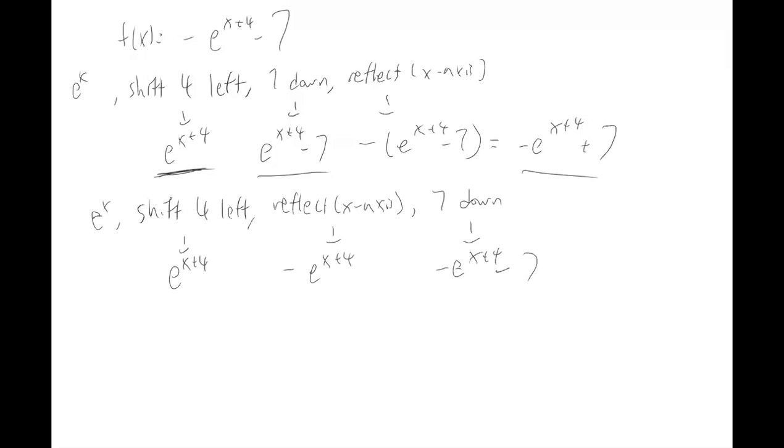If you want to go the other route, you would have to move 7 up instead of 7 down. Because if you move 7 up, this becomes e to the x plus 4 plus 7, and then when you negate it, you get minus 7. So just be careful.